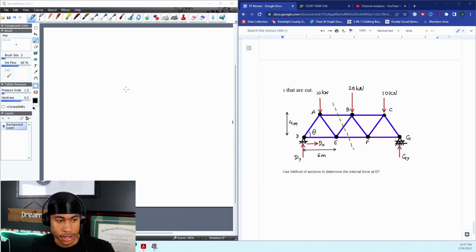All right, first things first, before we can find internal forces, we're not going to be able to do anything with this until we find the forces at our pin and our roller. So let's start there.